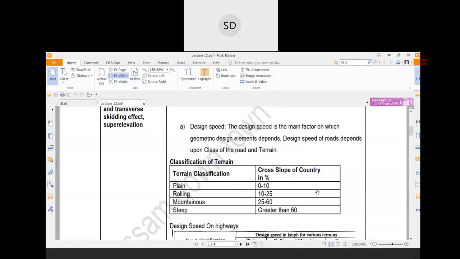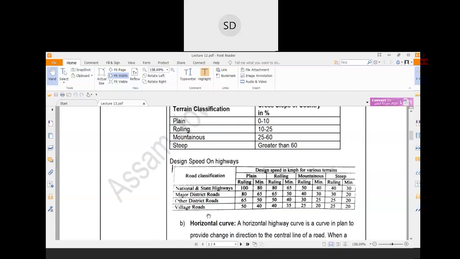If it is within 0 to 10%, this type of land would be called plain terrain. If that cross slope is between 10 to 25%, it is called rolling terrain. If it is 25 to 60%, it is called mountainous terrain. And if it is greater than 60%, it is called steep terrain.